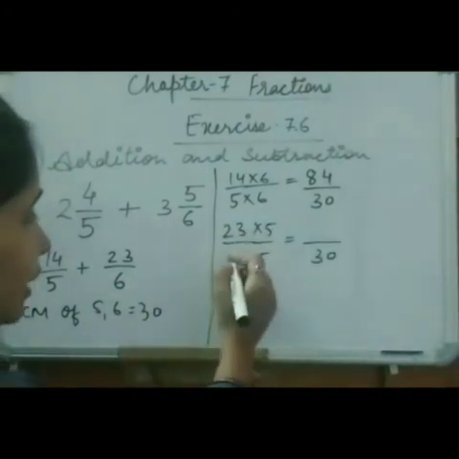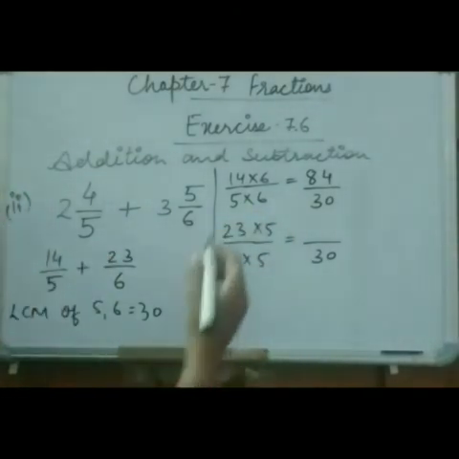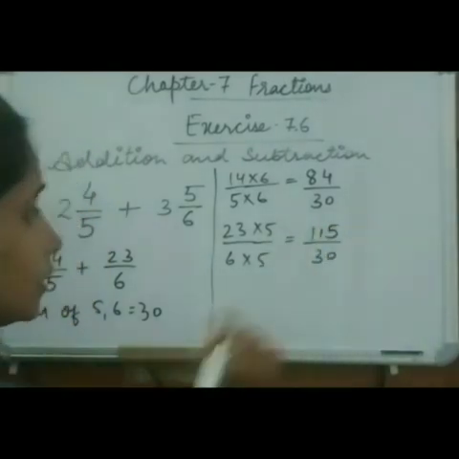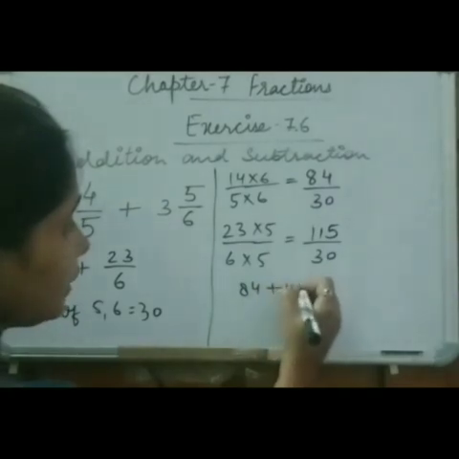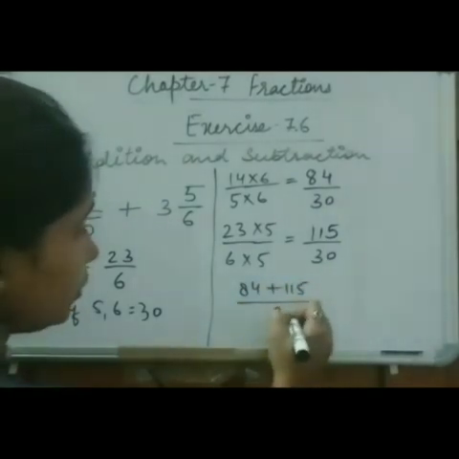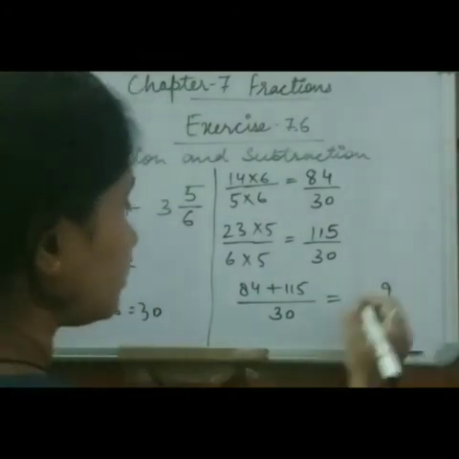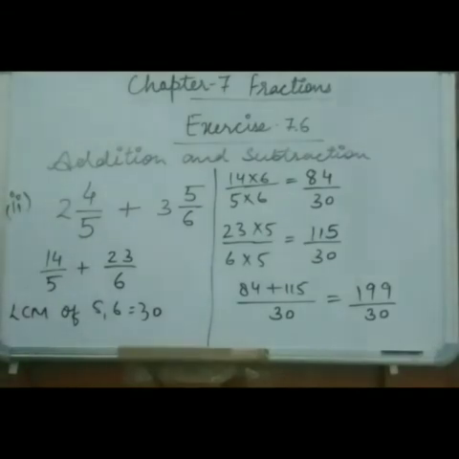So we will multiply both numerator and denominator by 5. So it will come 5 3s are 15, 1 5 10 11, 115 upon 30. Now we will add them. 84 plus 115 upon 30. Now solve them. It is 199 upon 30. So this is the answer.